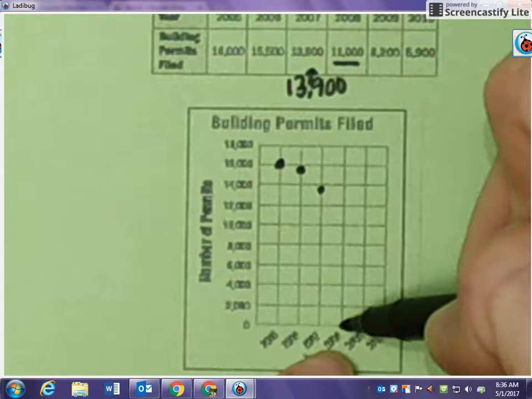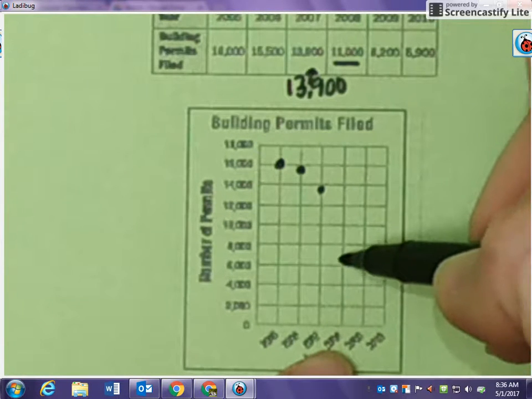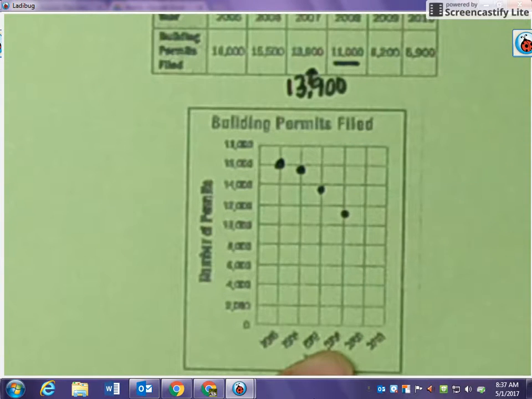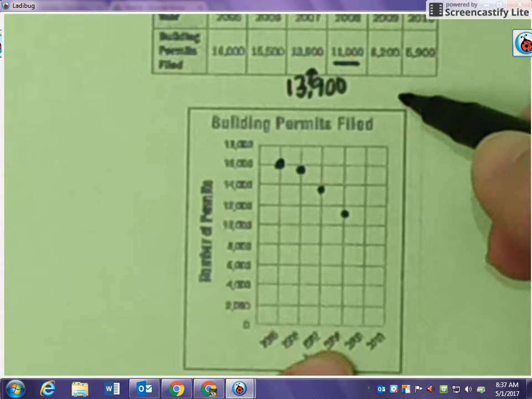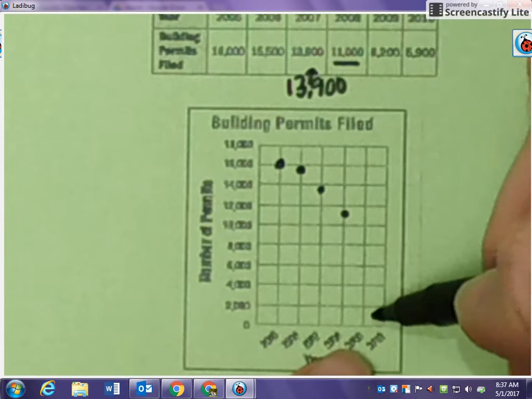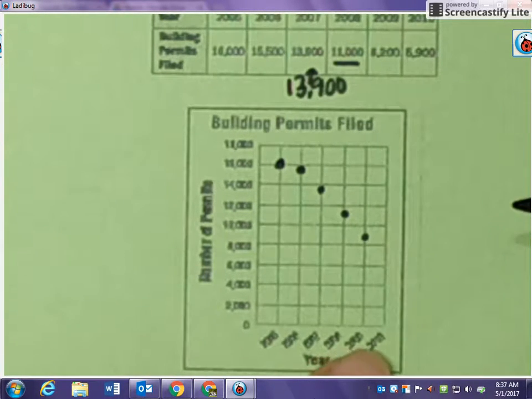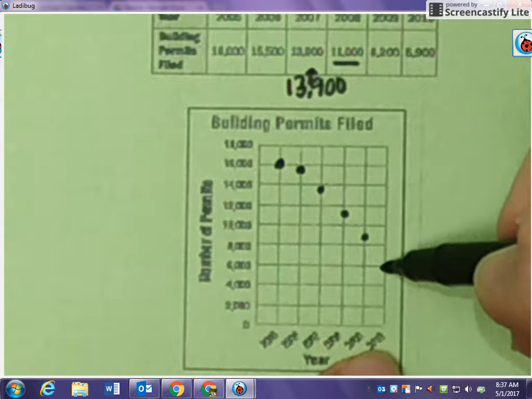So in this year, we're going to go to 11,000. 2, 4, 6, 8, 10. That's 12, so halfway. Then 8,200. 2, 4, 6, 8, just a little bit above 8. And then our last year in 2010, we have 5,900. So 2, 4, that's 6, so a little under 6.